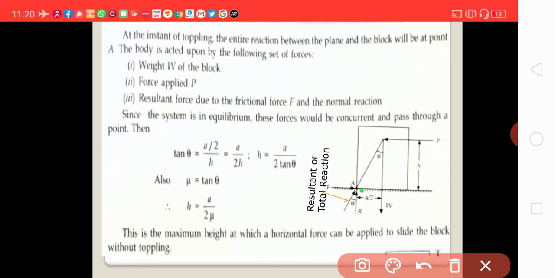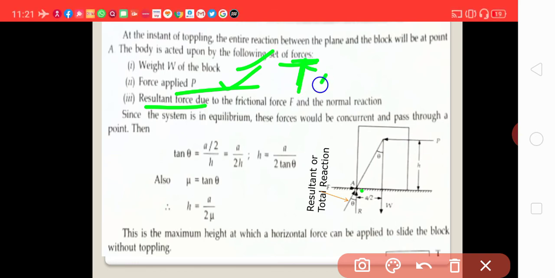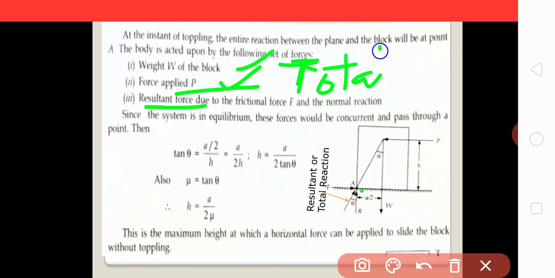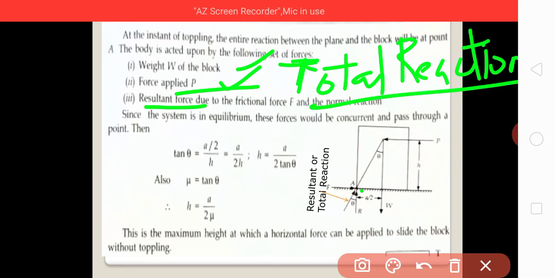Here, the body is acted upon by the following set of forces: the weight of the block from the center, the force P applied, the resultant force, that is total reaction due to frictional force F, and the normal reaction. The resultant force is also called total reaction. Okay.